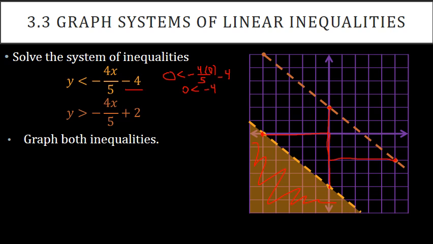And for the shading, we could try 0, 0 again. If I try 0, 0, and I fill that in, I'll get 0 is greater than 2, which it's not. So I'm going to shade up there away from the 0, 0.